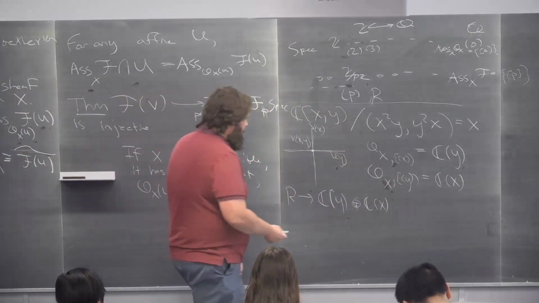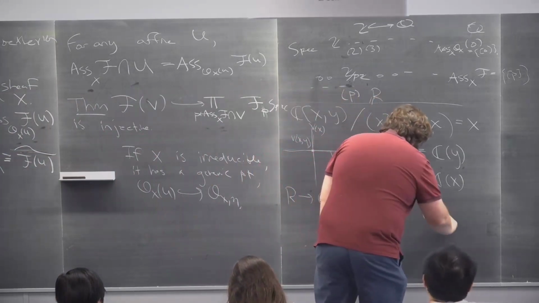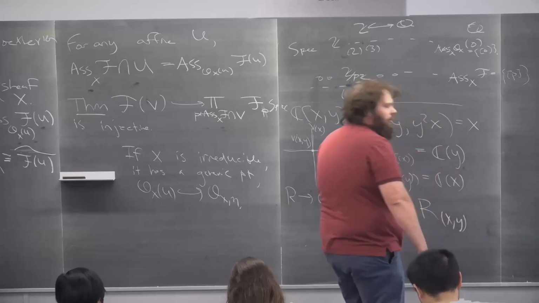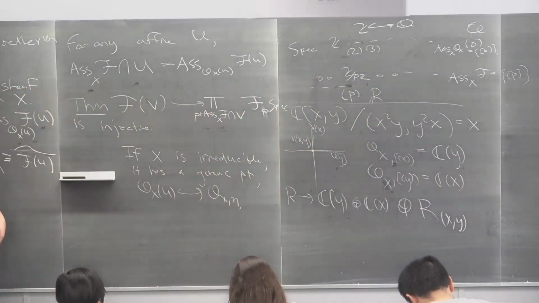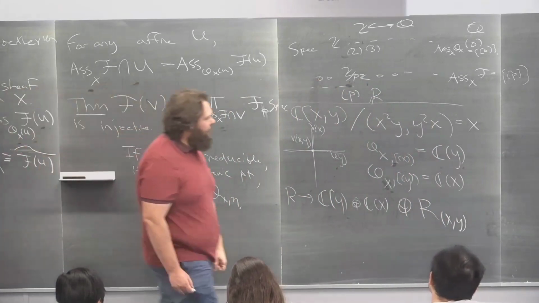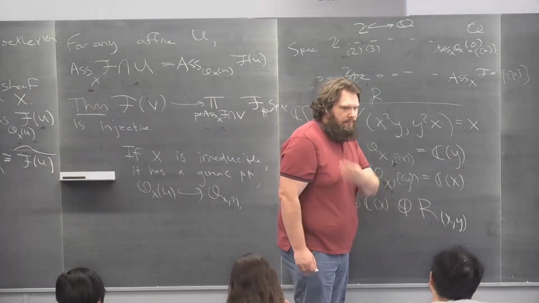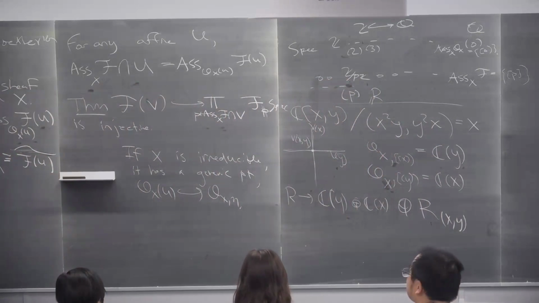So I also need to include the local ring R localized at the maximal ideal (x, y). And then xy is a non-zero element of this local ring. I need all of these guys. All right, any questions?